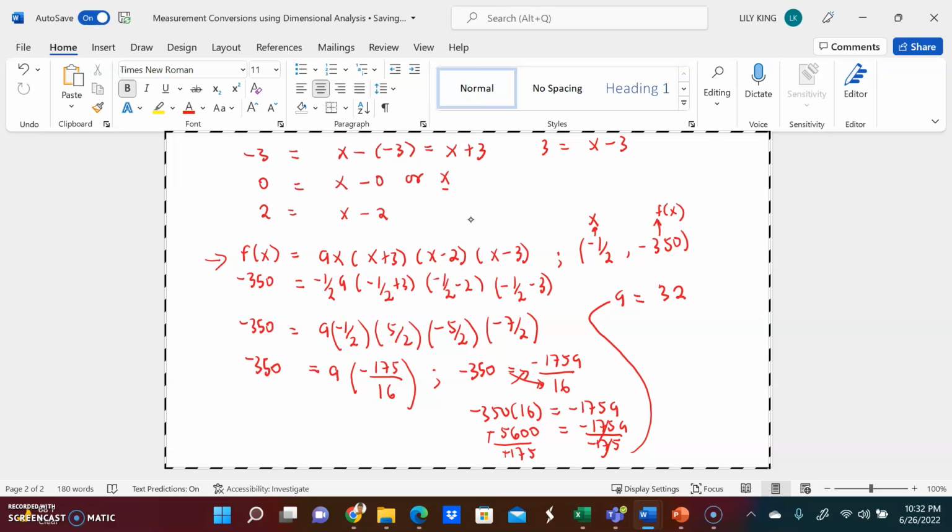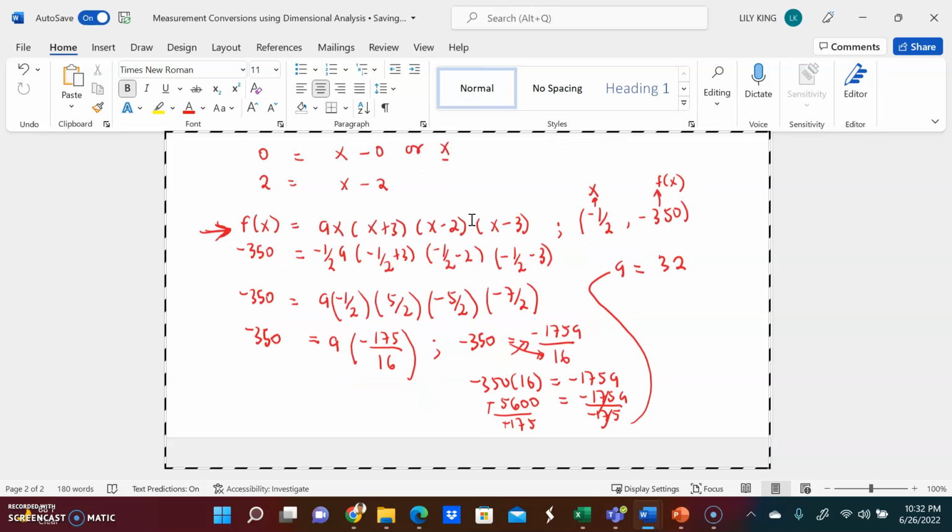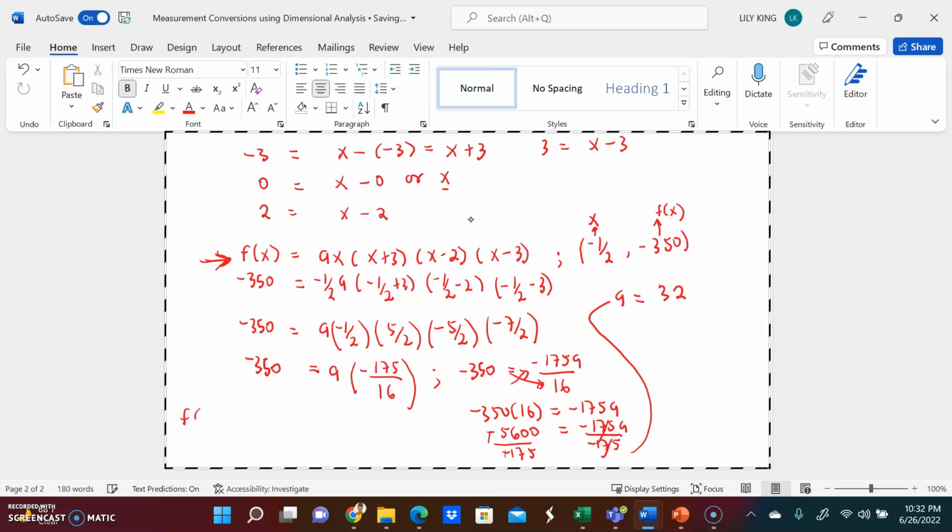Now we're going to plug a back into the original equation. So our equation now is f of x equals 32 times x, times x plus 3, times x minus 2, times x minus 3.